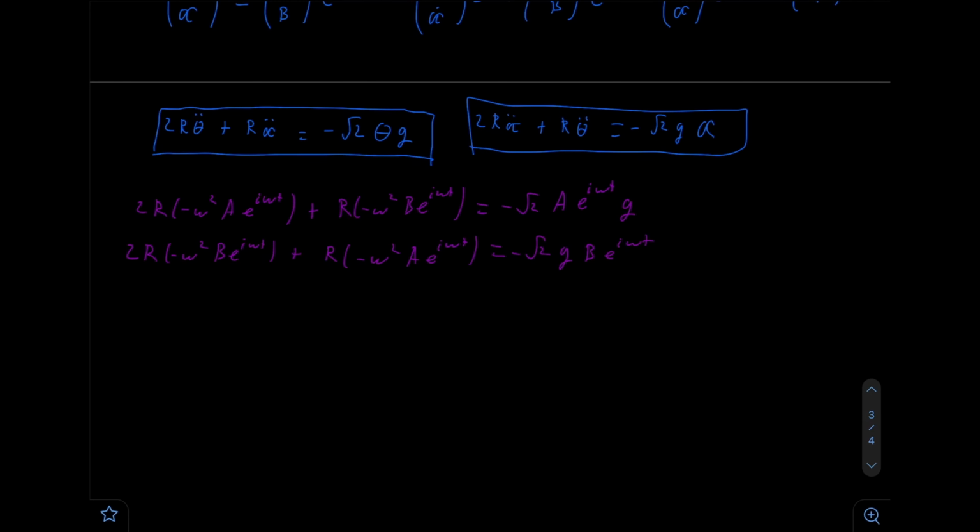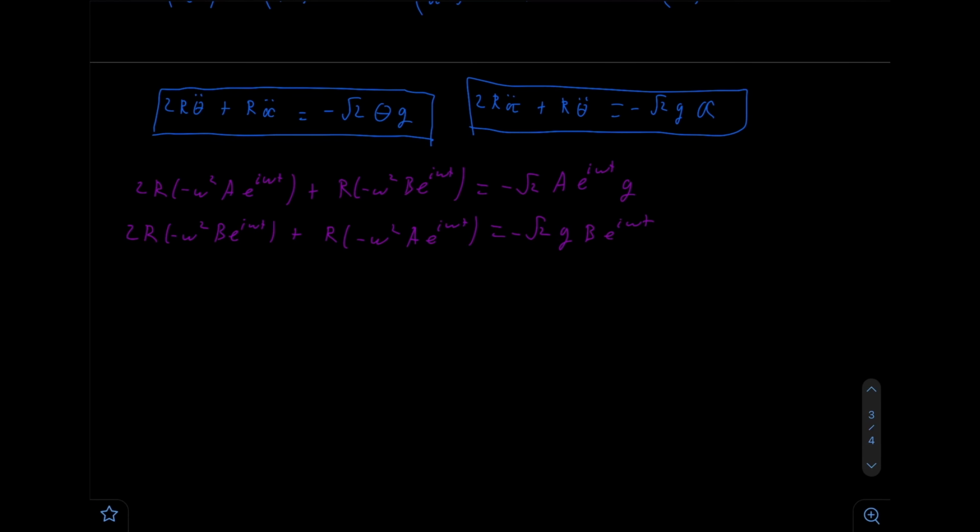So we divide by e to the positive i omega t to get rid of all the exponents. And we can just do that in one step here. And of course we can do this because e is never equal to 0, except in the limit to negative infinity. Okay, so what do we do with this?